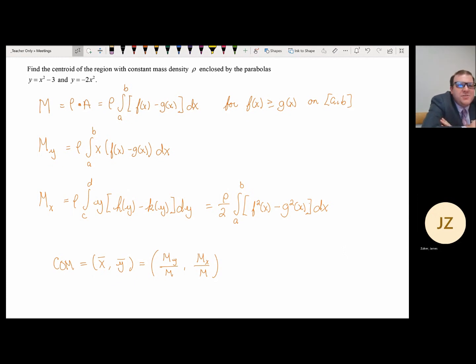We need an interval. How are we going to determine the interval? So x squared minus 3 equals negative 2x squared. Solve for x.